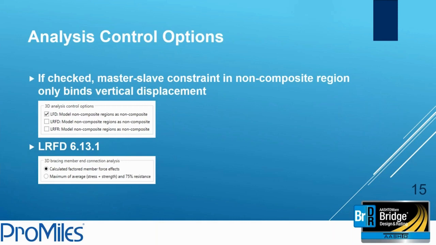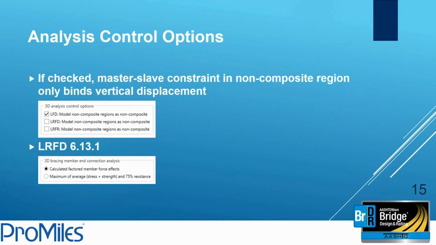In this scenario, if you check these boxes, for regions where you do not have, for example, for a steel beam in the negative bending region, your shear studs defined, and you want to model the negative bending region as a non-composite region, you have to check this box. What this will do is, for that non-composite region, it will model the master slave constraint only with a vertical displacement constraint, and it will not use any other constraint for master slave.